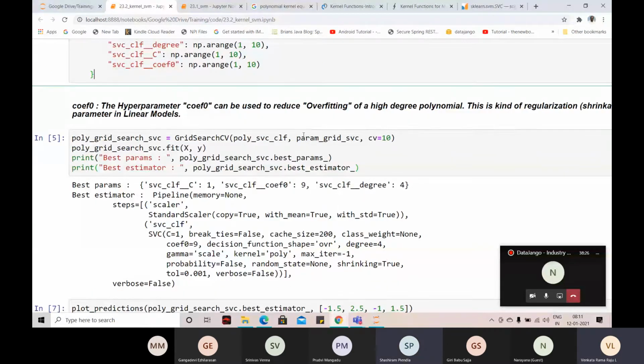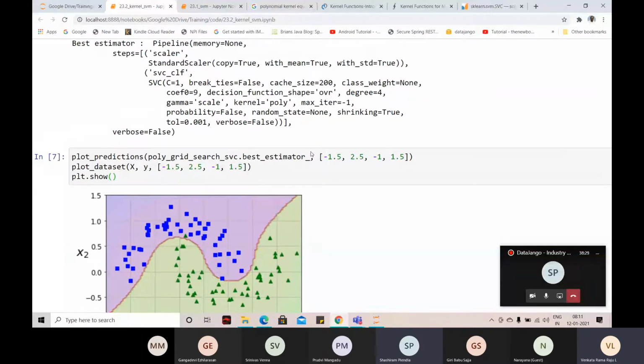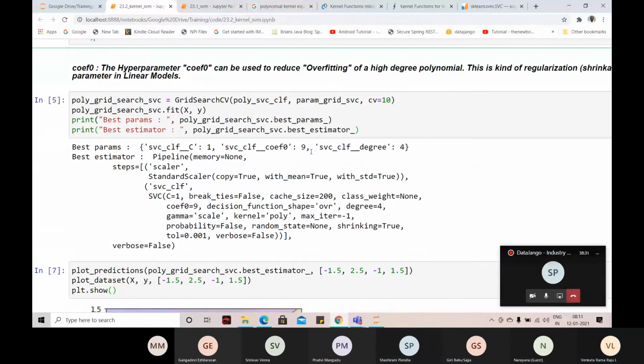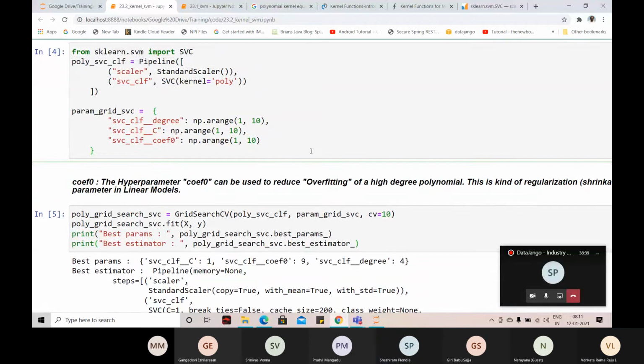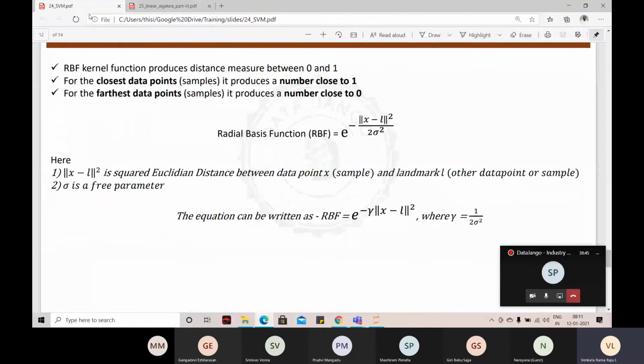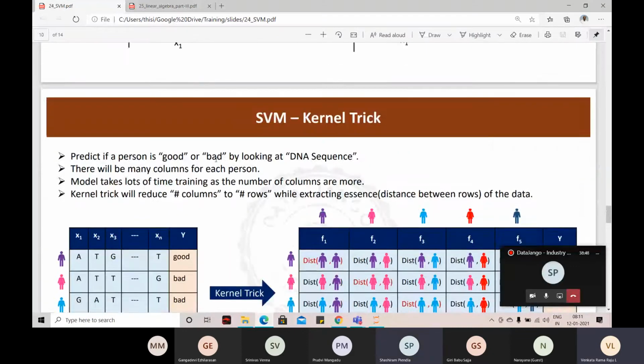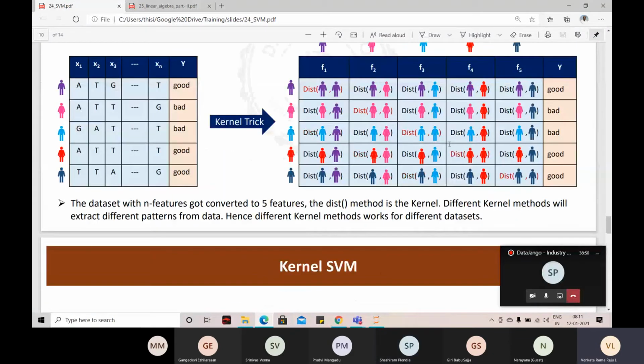So the kernel trick is also a kind of dimensionality reduction, right? Kernel trick is dimensionality reduction only. But it is not using linear algebra much. This is not linear algebra, but it is math only. If you look at the distance calculations and all that, this is math only.